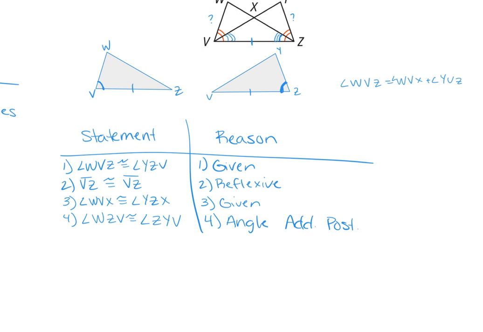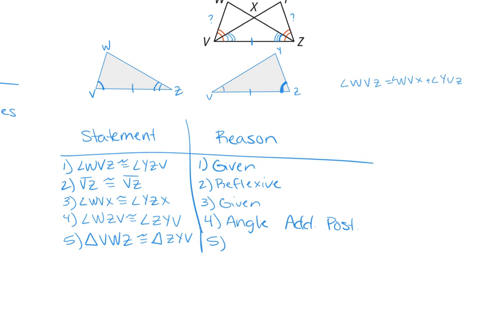Okay, 5. Now I can prove my triangle, so I can prove triangle VWZ is congruent to triangle ZYV. And I can do that.